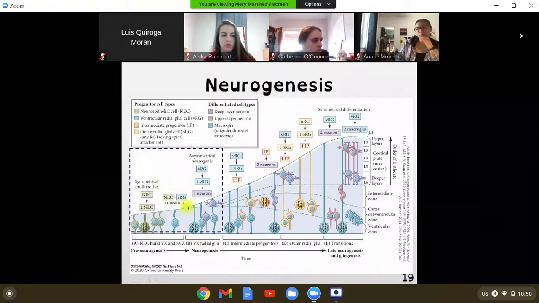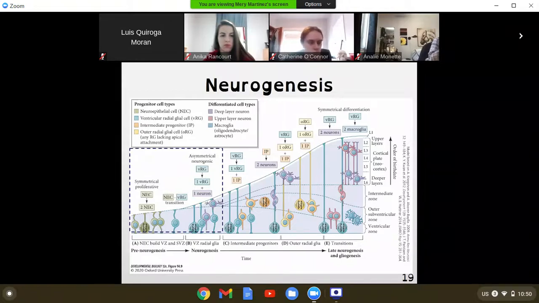They go through a transition to the ventricular radial glial cell, so the VRG. But also, depending on what type of element is stimulating them, they can take different fates. And this is the asymmetrical neurogenic transition, because depending on the factor, either they become a neuron, as we have in here, or they remain as a neuroepithelial cell, okay?